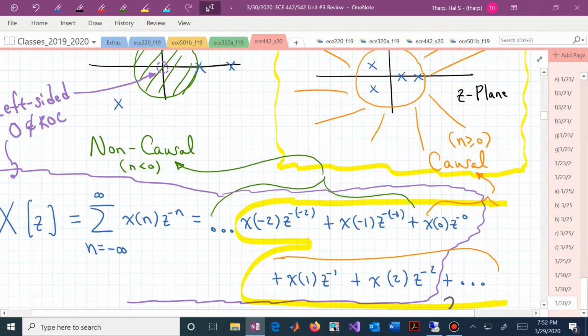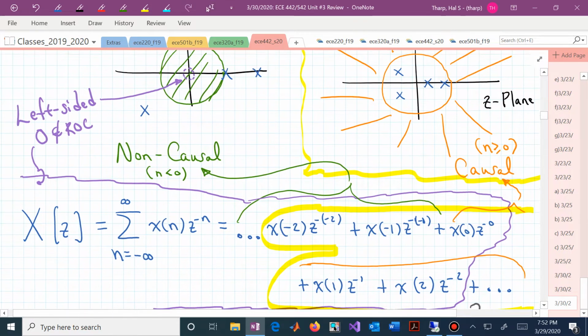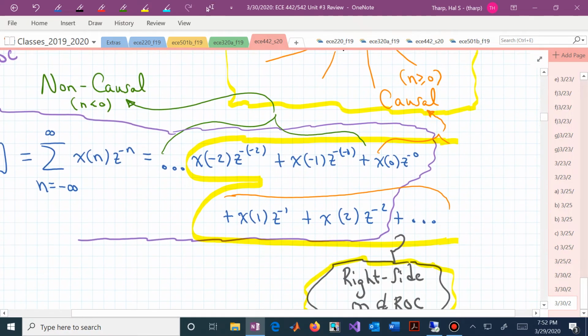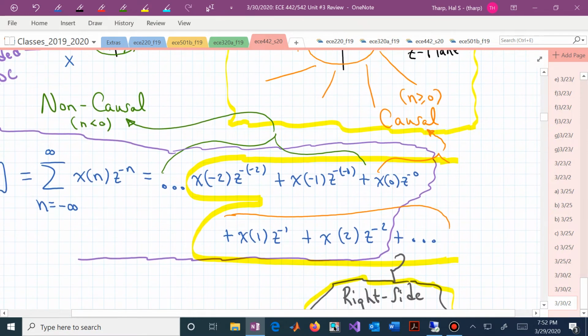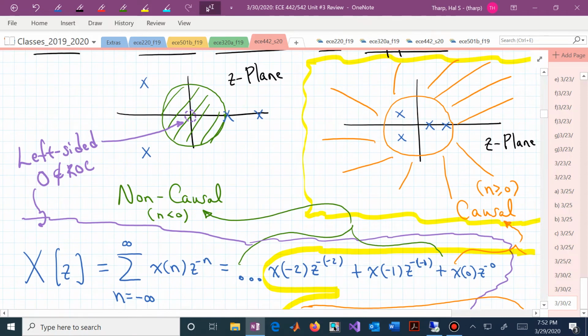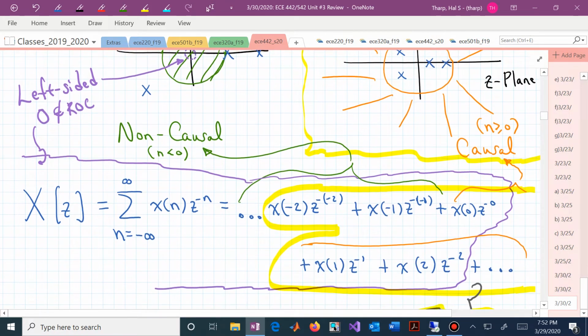And that then allows you to have some negative indexed values of little x of n in your series expansion for the z transform of capital X of z. You can have a right-sided sequence that can be larger than a causal sequence, similarly to how you could have a left-sided which could be larger than a non-causal.